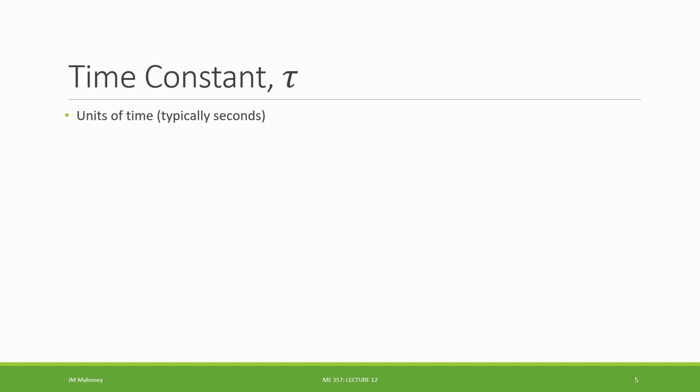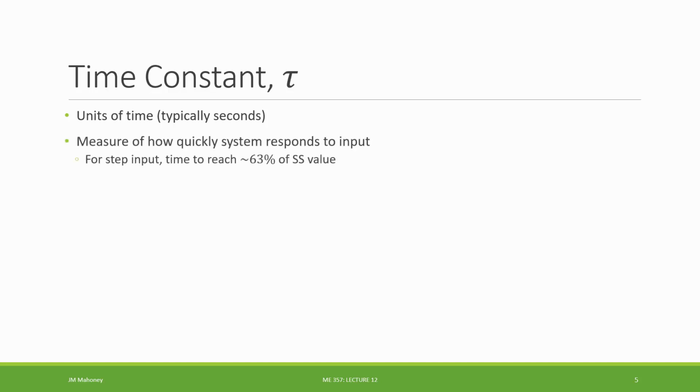And in general, it's going to be a measure of how quickly our system responds to an input. A smaller tau value is going to generally be a quicker response. A larger tau is a slower response. When we're talking here specifically about a step input, tau is telling us the amount of time it's going to take for our system to reach about 63% of its steady state value.